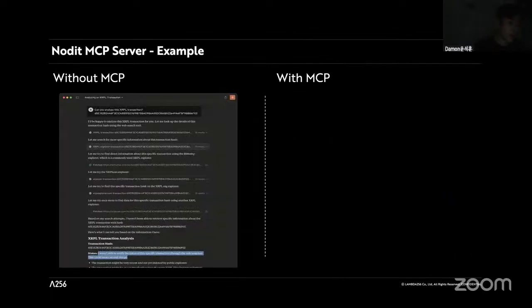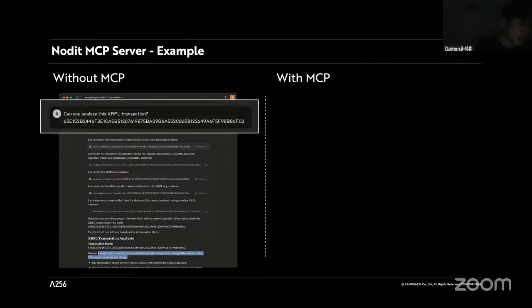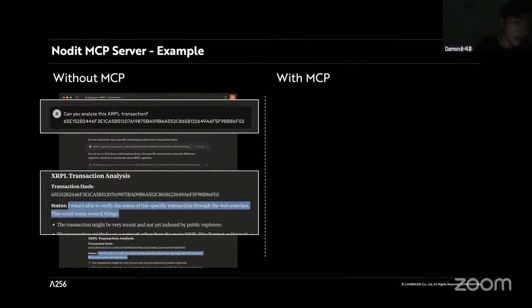Now let me show you what these differences look like in actual conversations with Claude. On the left, Claude is running without MCP. I ask it to analyze an XRPL transaction, but because it doesn't have any built-in access to blockchain data, it resorts to searching the web, trying to find something on public explorers.